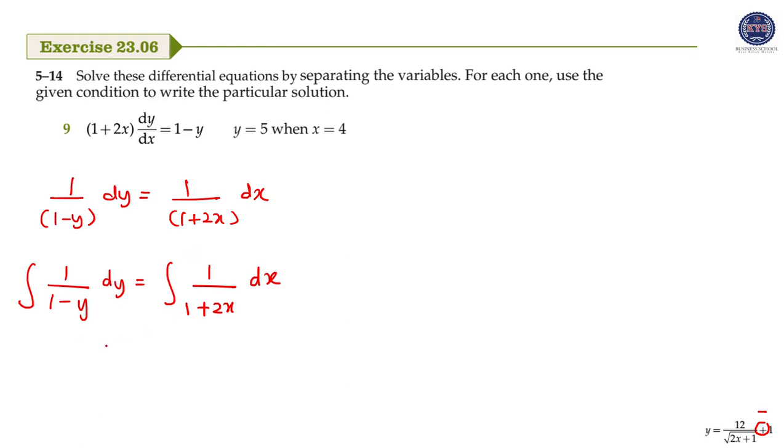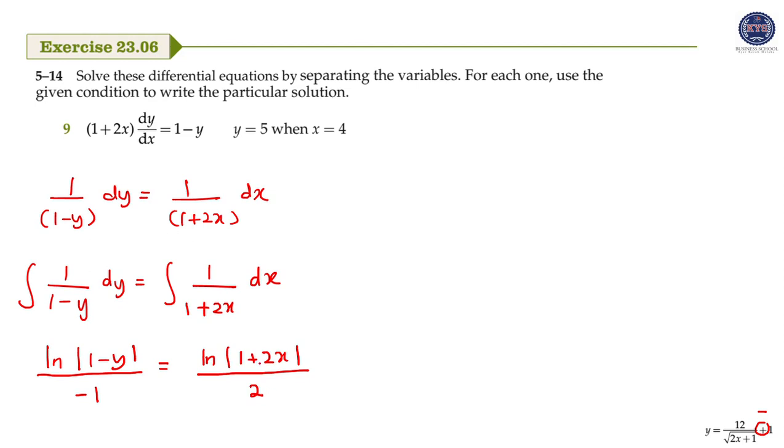Right, so therefore what we have is ln modulus of 1 minus y divided by, you differentiate the function inside the bracket over here, and you get negative 1, equal to ln modulus 1 plus 2x divided by 2.